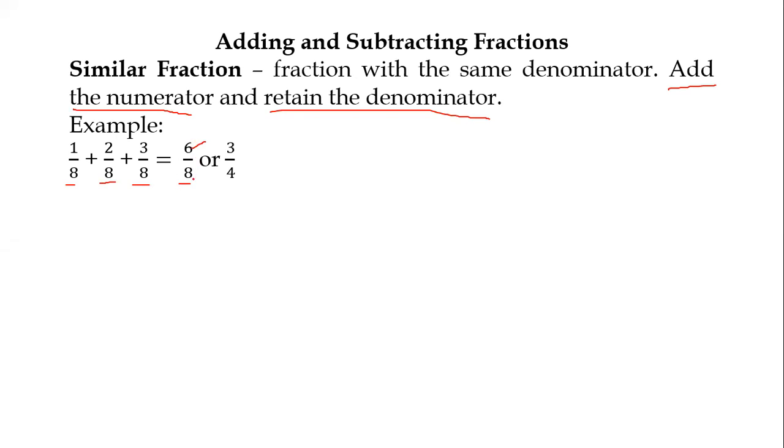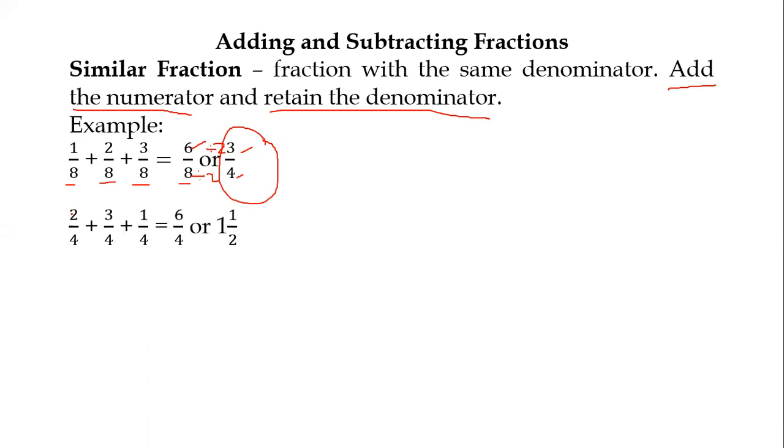As you can see, 6 over 8, we can divide it by 2. So, 6 divided by 2 is 3, and 8 divided by 2 is equal to 4. Now, this is the final answer. So, always reduce your final answer into lowest terms if possible. Okay.